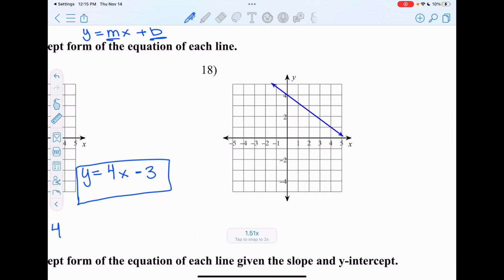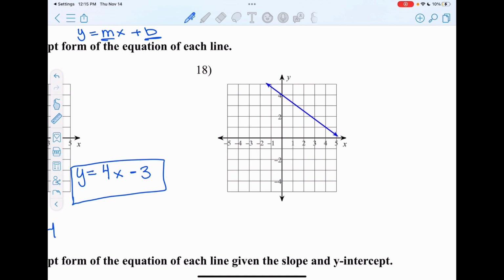Let's try 18. In 18, my y-intercept is 4, so my b value is +4. And now I need to find another point that crosses at a perfect corner to find my slope. I'm going to pick this point right here, 4, 1. And now I'm going to count the rise and the run. Please be mindful that your line is going down.